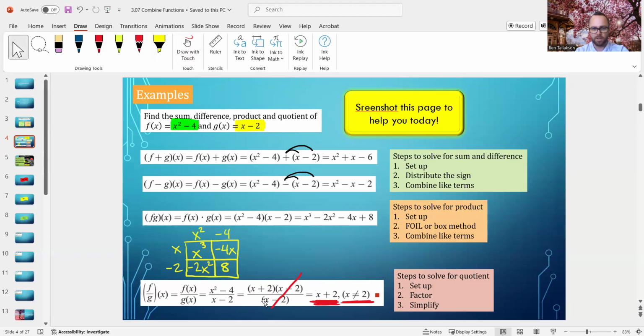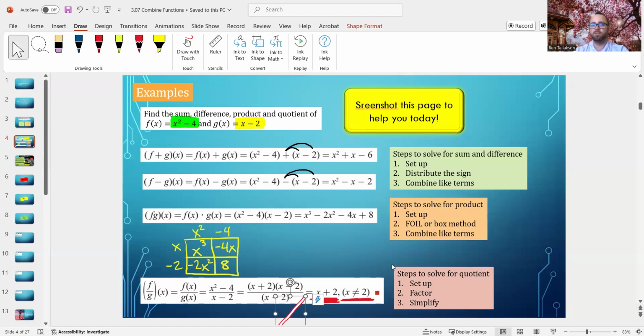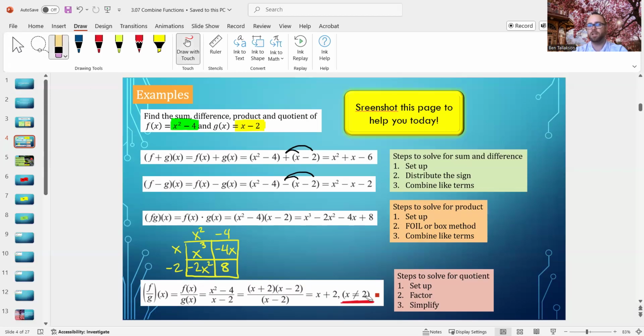Look right here. x minus 2. We'd have 2 minus 2. We would have a denominator of 0, and you've learned that means it's undefined. We would not have an answer of x plus 2. So this is another way of saying, our answer here is saying the answer is x plus 2 as long as x does not equal 2.